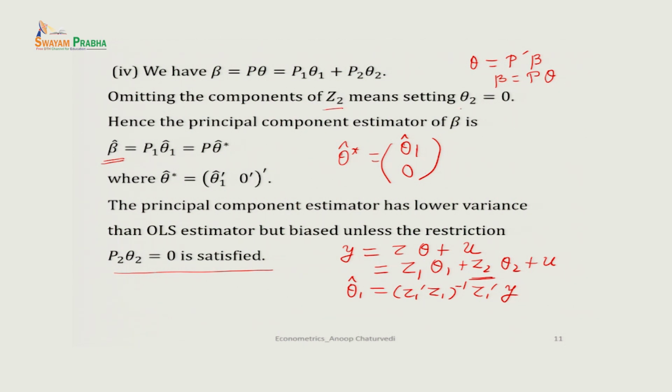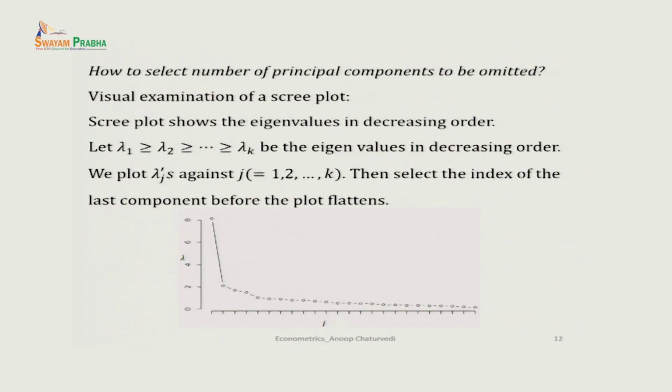It means you set theta 2 equal to 0 here, and then beta hat, which is the principal component estimator of beta, is equal to P1 theta 1 hat, and then you can write it as P theta hat star, where theta hat star is equal to the vector (theta 1 hat, 0).